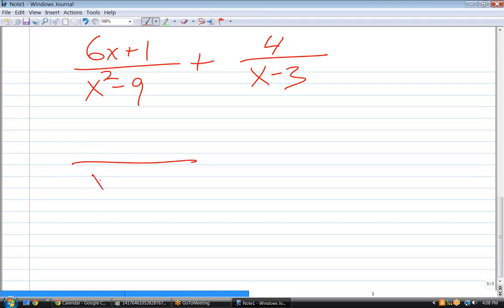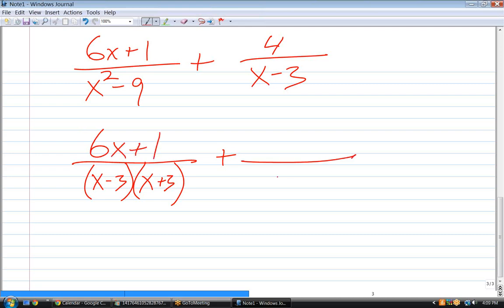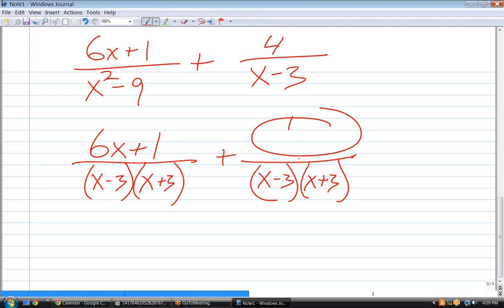I'm going to maintain, because I can see that if I factor this left side, now what's my common denominator? This is x minus 3, x plus 3. Okay, which leaves this numerator the same. What goes here? 4x plus 12.